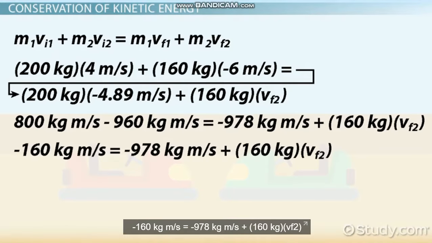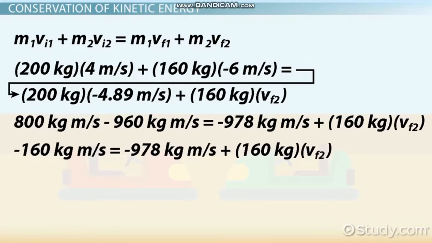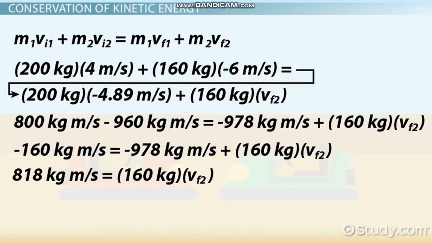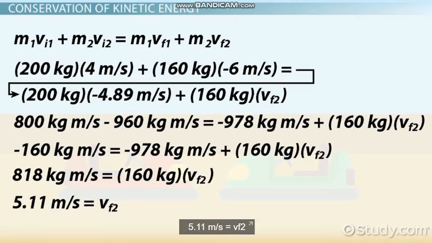Negative 160 kilogram meters per second equals negative 978 kilogram meters per second plus 160 kilograms times VF2. 818 kilogram meters per second equals 160 kilograms times VF2. 5.11 meters per second equals VF2.